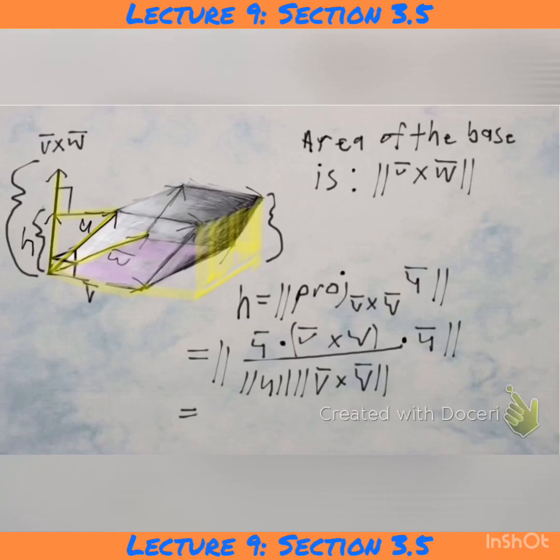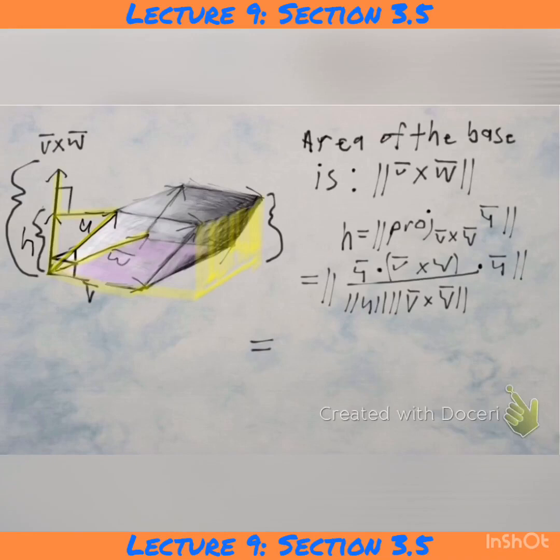Now we know by our norm rules, which I apply to a scalar multiple of a vector, that this is going to be the absolute value of this dot product here divided by the norm of v cross w.